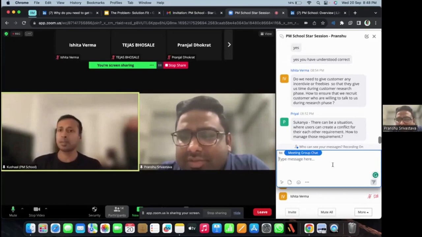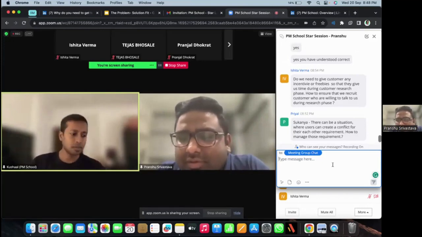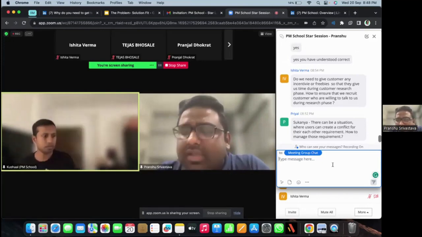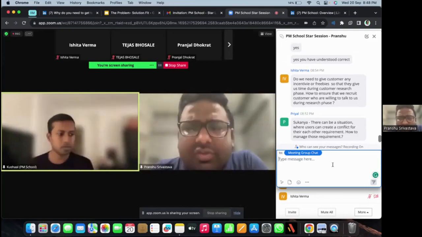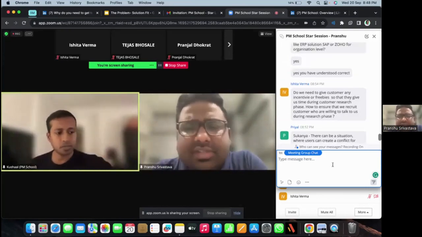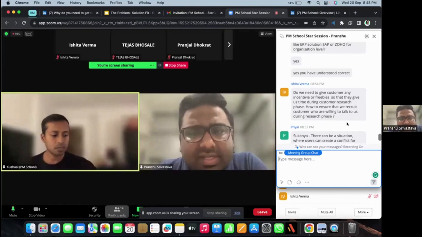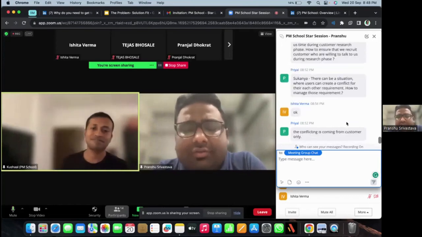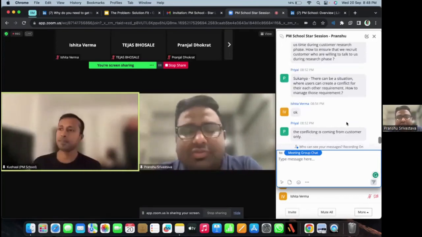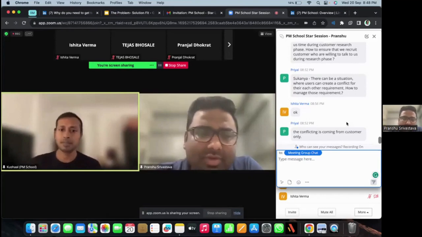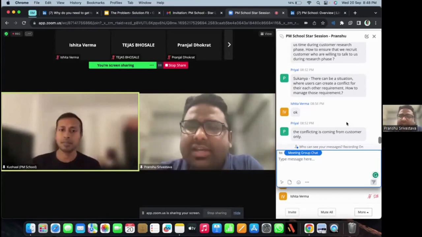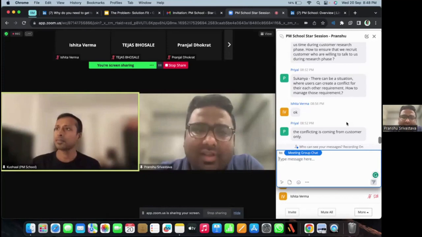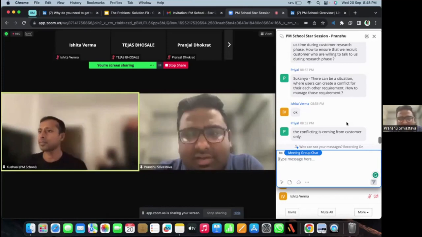There can be a situation of conflict. Yes, it's very common. Users always create conflict, but again, prioritization comes into the picture. So let's say there are two customers, Pranshu and Kushal. Pranshu says I need feature A, Kushal says I need feature B, right?